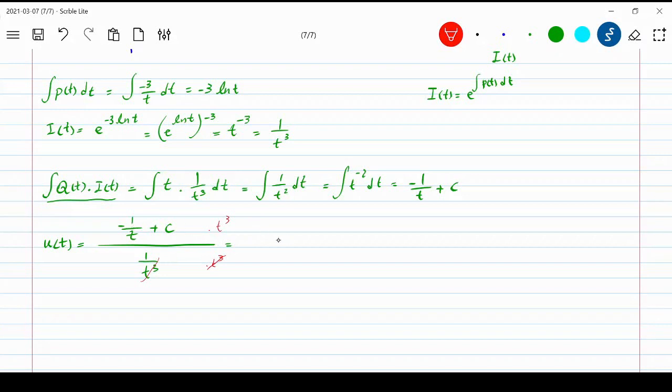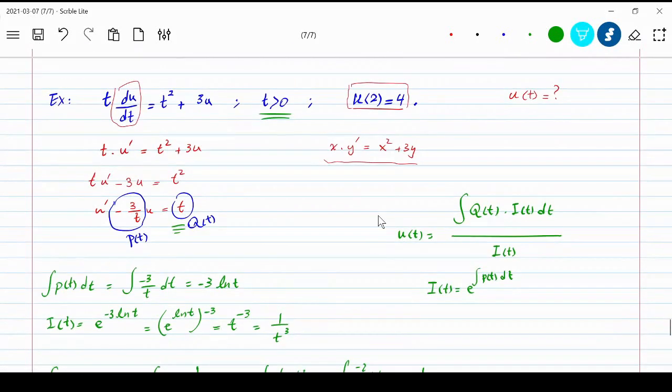Then t cubed times negative 1 over t would be simply negative t squared, plus c times t cubed. And we found what u of t is now. So u of t equals negative t squared plus c t cubed.